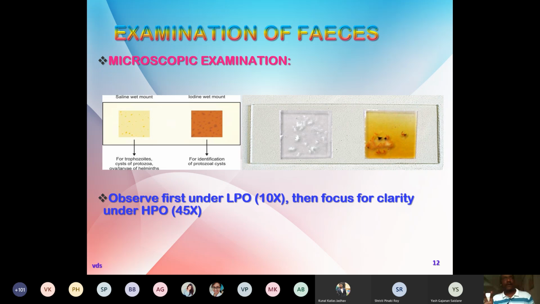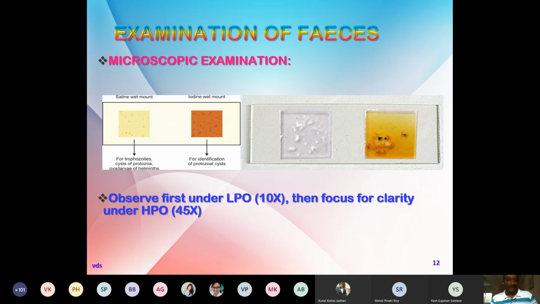At low power, you may not be able to identify the parasite or the egg. But as you focus it onto the high power, you can identify the internal details of the eggs and the internal details of the cyst. And that is the method by which you are supposed to identify under saline and iodine preparation.